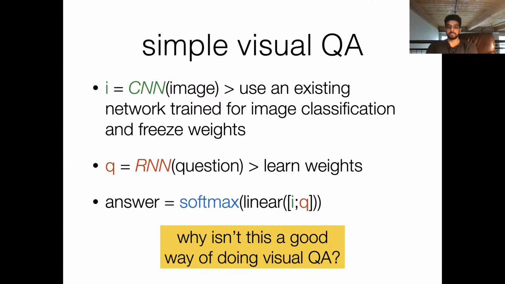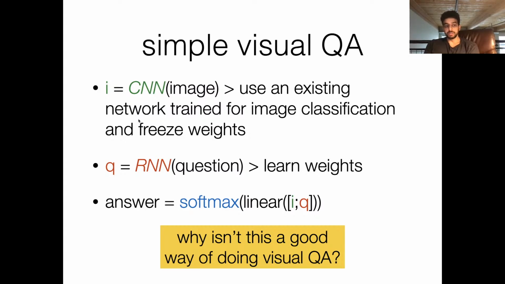The reason is because we are not allowing the question to influence our image representation, and we're not doing the reverse direction either. We're not allowing the image to influence a representation of the question. So we're basically computing these representations separately and then feeding them through a classifier, which is going to have to decide how to integrate the two sources of information.